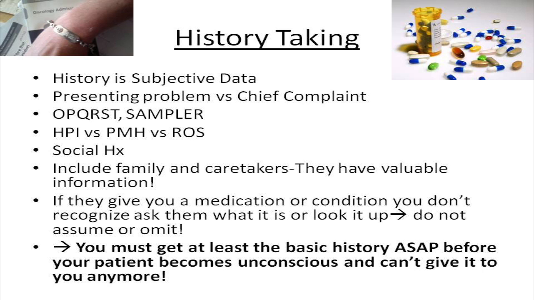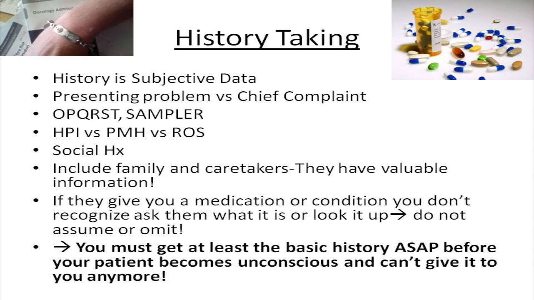Next is the history of present illness, the past medical history, and the review of systems. And those are distinct things. The HPI sort of encompasses the OPQRST and the rest of what was going on leading up to this. The past medical history might be all their previous diagnoses.